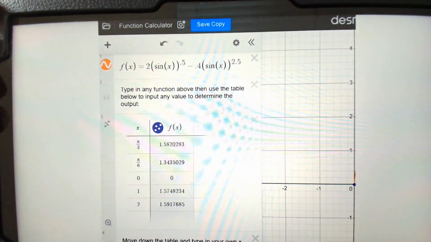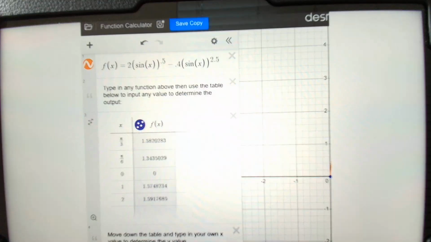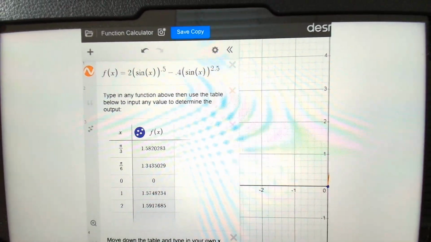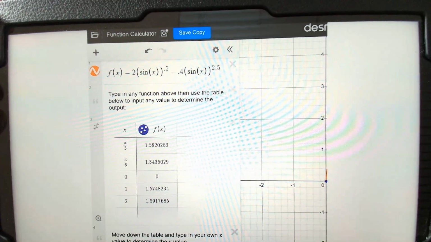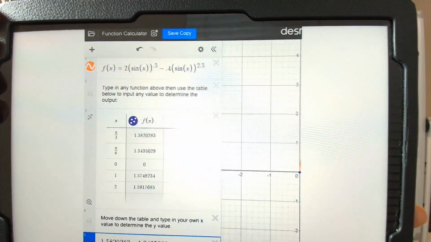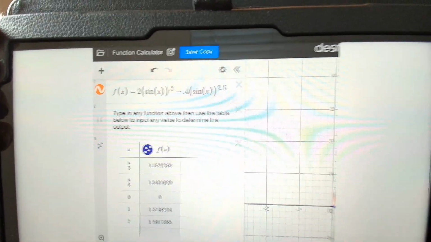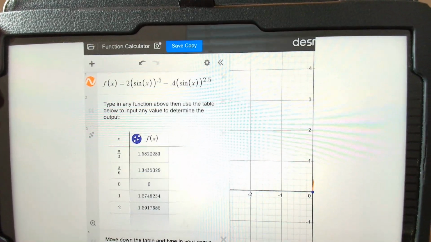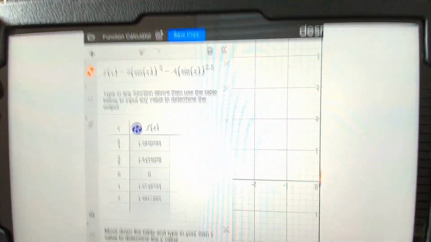And in the calculator, you have to type sine, parentheses, x, otherwise it doesn't work. And also the raising to the power is just shift 6. But anyway, you figure out how to type all that stuff in exactly as is.